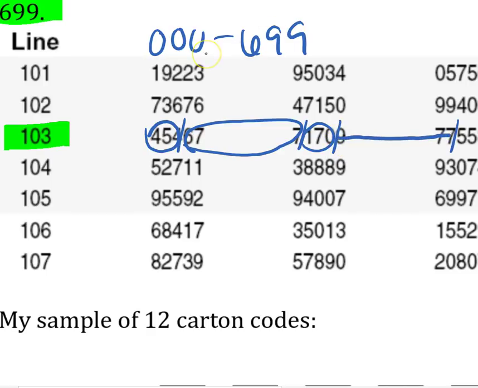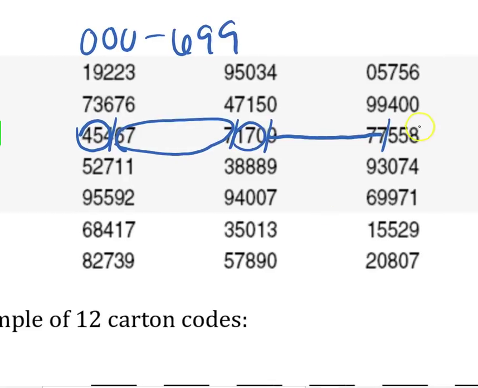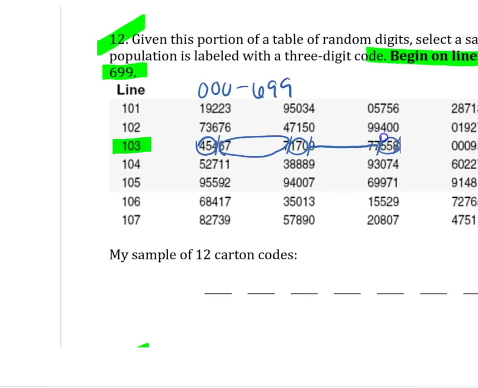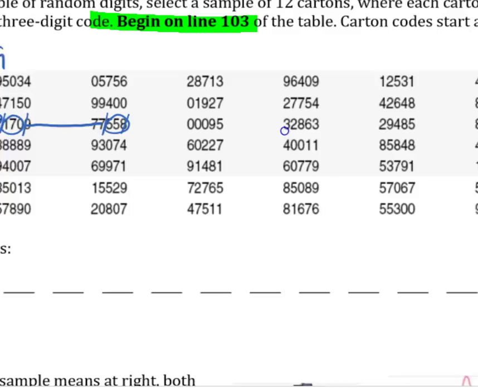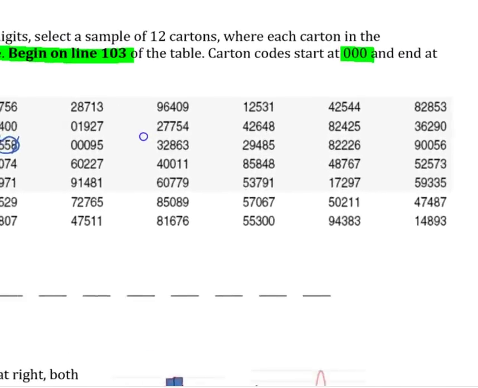That does not correspond to a carton from my population, so I would skip that. Okay? 558 would fit in my interval, so that's selected. Now, if I happen to get 170 again, I would ignore it because I can't select the same carton twice. Okay, I won't finish that. Leave that for you guys, but that's the idea. Oh, also, if you get to the end of a row, you just continue on the next row.